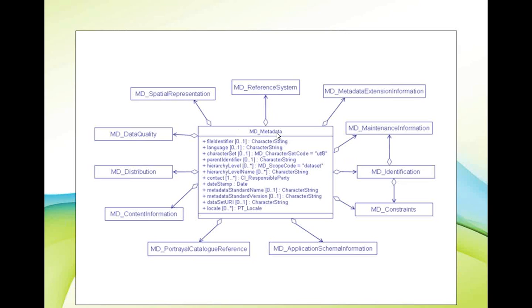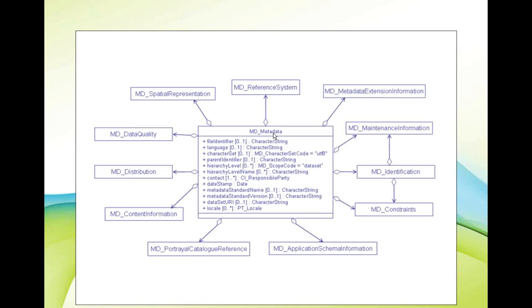So you would have MD_metadata or MI_metadata, and it contains all of this information about the metadata itself, such as the file identifier of the metadata, the language of the metadata, the character set of the metadata, the parent identifier, the hierarchy level, if it's a data set or collection level, the contact, which is the responsible party for the metadata, the date stamp for the metadata, the metadata standard name and version, the dataset URI, and the locale. The date stamp and the contact information found in the identification information section are going to be different from those found in the metadata.